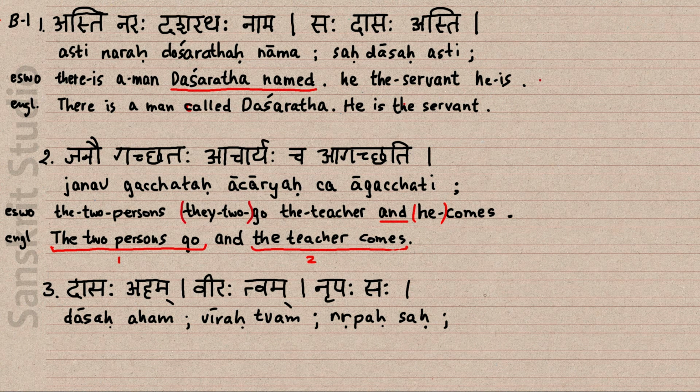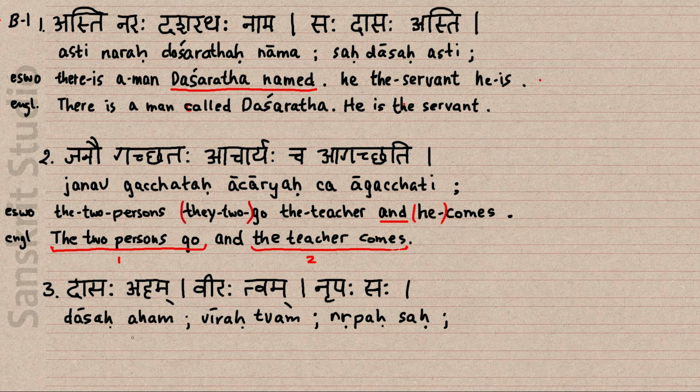So here then the question is, what is this? Well, the short answer is this. This is a group of 3 sentences. Dasaha aham is 1, viraha tvam is 1, and nripaha saha is 1.